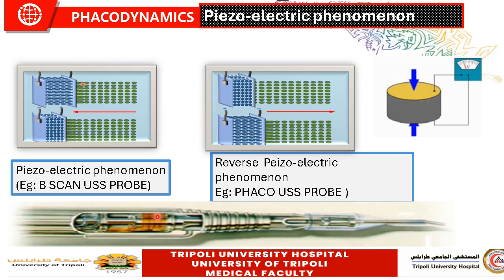When the electrical current stimulates these crystals, they expand and vibrate at a frequency equivalent to the frequency of the electrical current, and this is transmitted to the Phaco needle and creates the to-and-fro movement of the Phaco handpiece. This is the principle of the piezoelectrical phenomenon, and in the Phaco handpiece it is called the reversal of the piezoelectrical phenomenon. In the B-scan ultrasound it is the piezoelectrical phenomenon.